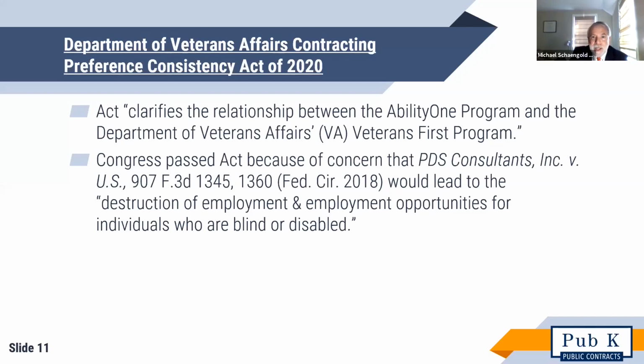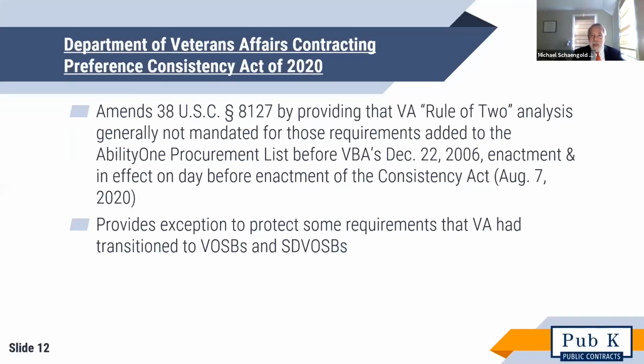Slide 12, please. As a result, the Consistency Act amends that 2006 Veterans Benefits, Healthcare, and IT Act, which had established the Rule of Two requirement. Under the Rule of Two, a VA contracting officer must restrict competition to veteran-owned small businesses, VOSBs, or service-disabled veteran-owned small businesses, SDVOSBs, if she has a reasonable expectation that two or more small veteran-owned businesses will submit offers, and that the award can be made at a fair and reasonable price that offers best value.